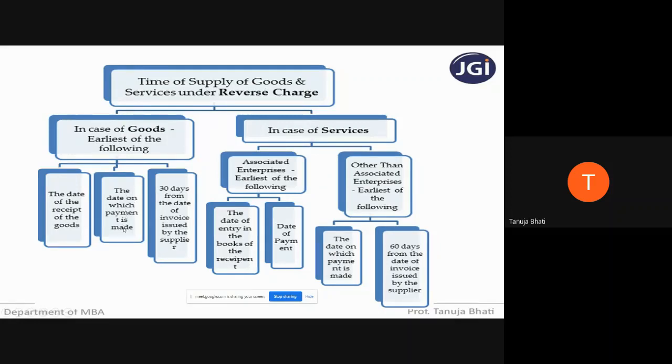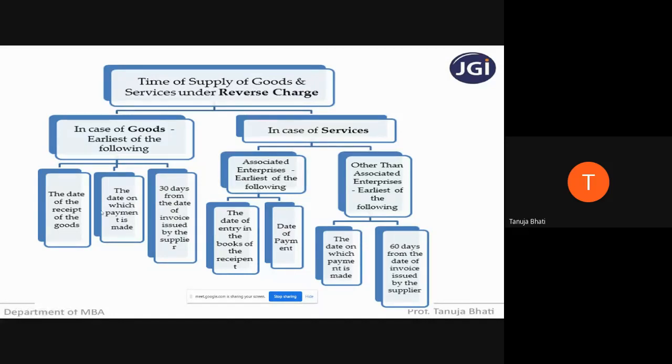Either it can be the date on which the payment is debited from the bank account of the recipient, or the date on which the payment is entered in the books of account. Whichever of the two dates falls earlier, that will be the date of payment. And the 31st day from the date of issue of invoice, that is, immediately following 30 days.